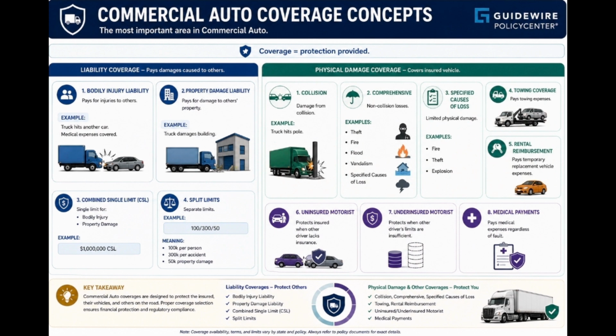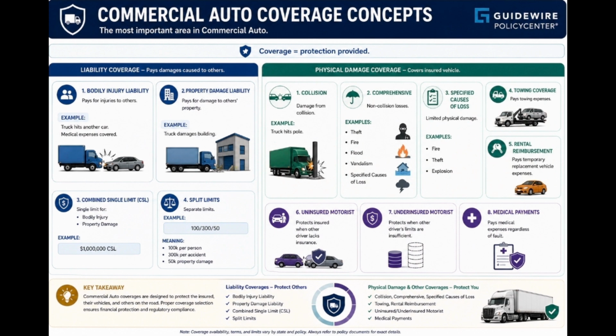Liability coverage protects the insured when they are legally responsible for injury or damage caused to others. If a company vehicle causes an accident and the driver is at fault, the insurer pays third-party losses up to the policy limits. It is one of the core mandatory coverages in commercial auto policies.